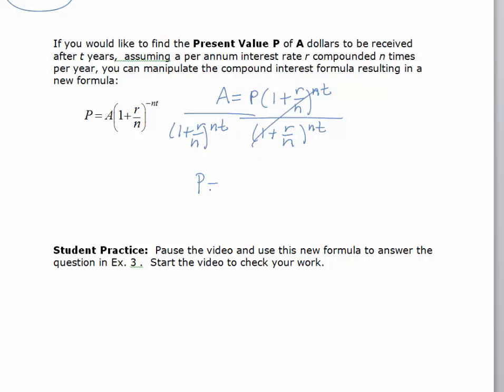So P ends up equaling A divided by (1 plus R over N) to the NT, but if you want to write that as a negative exponent, the expression could be just moved to the numerator, and your exponent is negative. So you can use this formula also. It really is up to you. So what I'd like you to do is just practice, pause the video again, practice using this new formula to answer the same question from example 3, and see that you get the same answer.